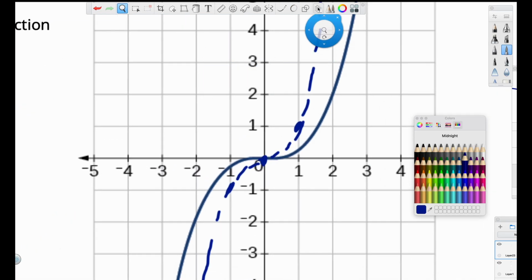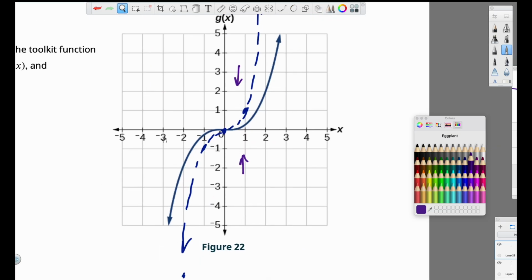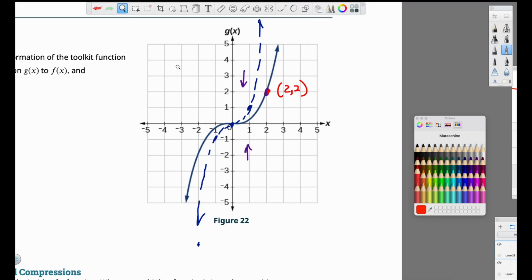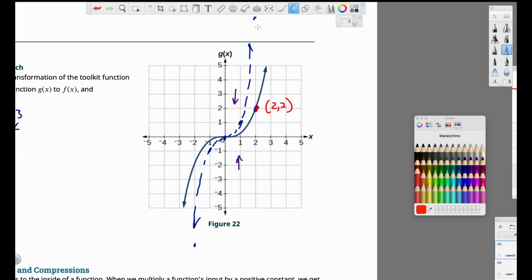So what's happening with this function that we're given? Do you see that it is being compressed? That means we're multiplying by some sort of fraction to reduce my outputs. So what is it reducing by? We see this point is 2, 2. But we know in the parent function that this would be up here, at 2, 8, right?